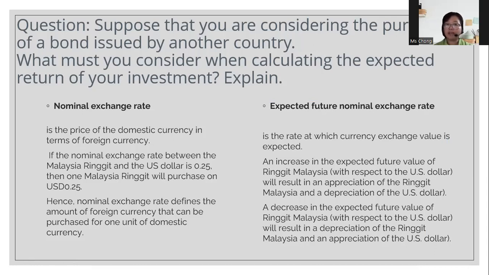If the nominal exchange rate between the Malaysian ringgit and the US dollar is 0.25, that means 1 Malaysian ringgit will purchase 0.25 US dollar. Hence, the nominal exchange rate defines the amount of foreign currency that can be purchased for 1 unit of domestic currency.